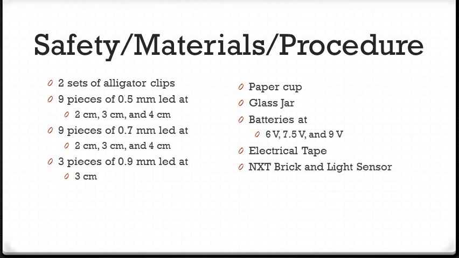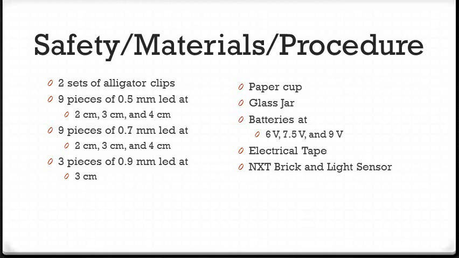The materials I used were 2 sets of alligator clips, 9 pieces of 0.5mm lead at 2, 3, and 4 centimeters, as well as 9 pieces of 0.7mm lead at 2, 3, and 4 centimeters. I also did a 0.9mm lead at 3 centimeters just for fun to see what kind of result I would get. I also used a paper cup, which was actually a coffee cup.